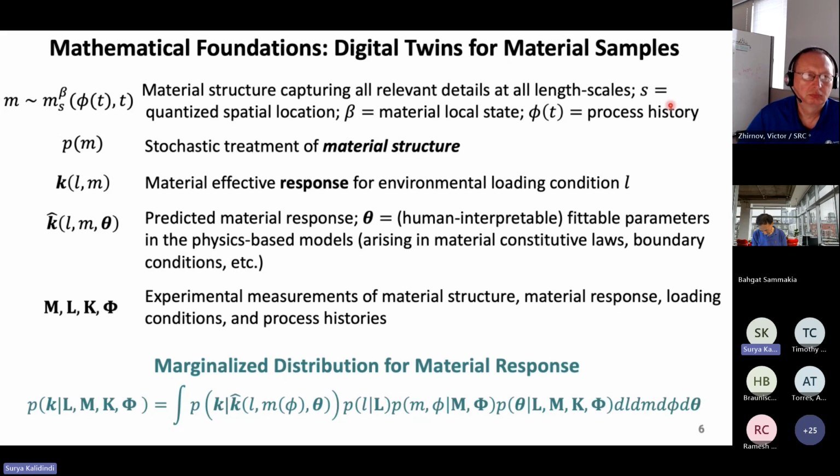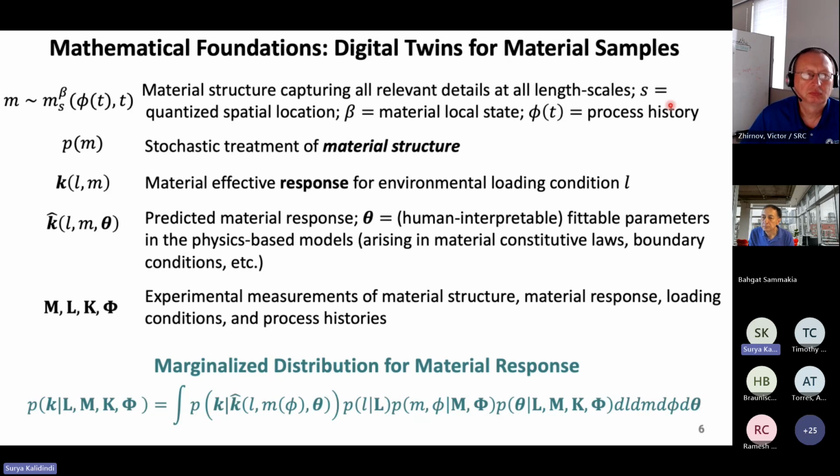So there is some uncertainty in the processing history, but also there is some information from physics-based models when you run DFT calculations, when you run phase field models, because all those models, except the first principle models, have fittable parameters.